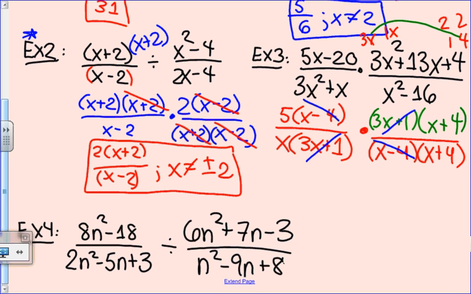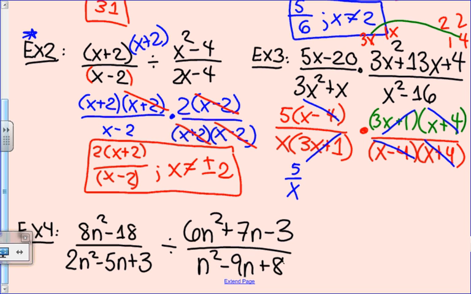Boom. Anything else? All I have left is 5 and an x. There's 5 over x.